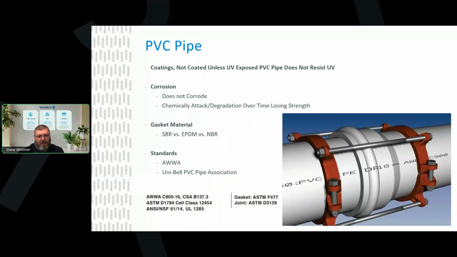I use that on our wastewater side of things because it's more resistant to fats, oil, and grease. So a couple of standards to be aware of. AWWA has their standards, and then much like DIPRA for ductile iron pipe, you have Uni-Bell for C900 and other plastic pipes.